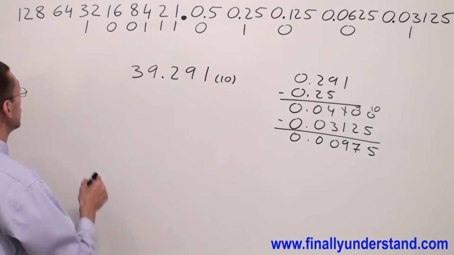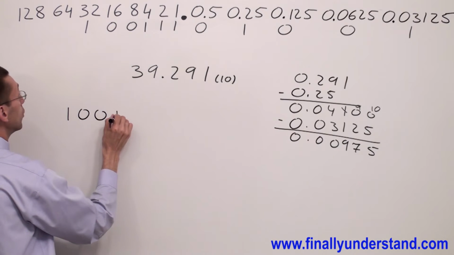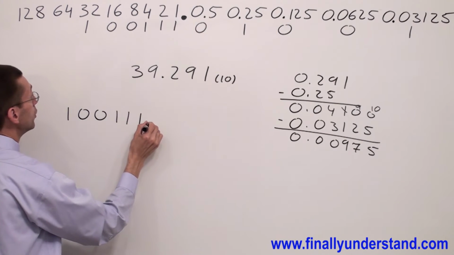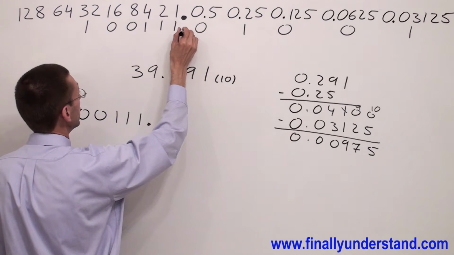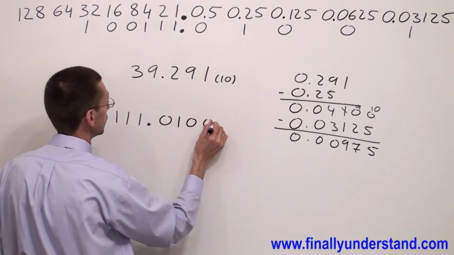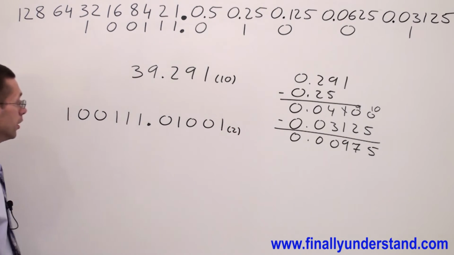That's why my answer is going to be 100111 point. This is my binary point. 01001. This is the binary number.